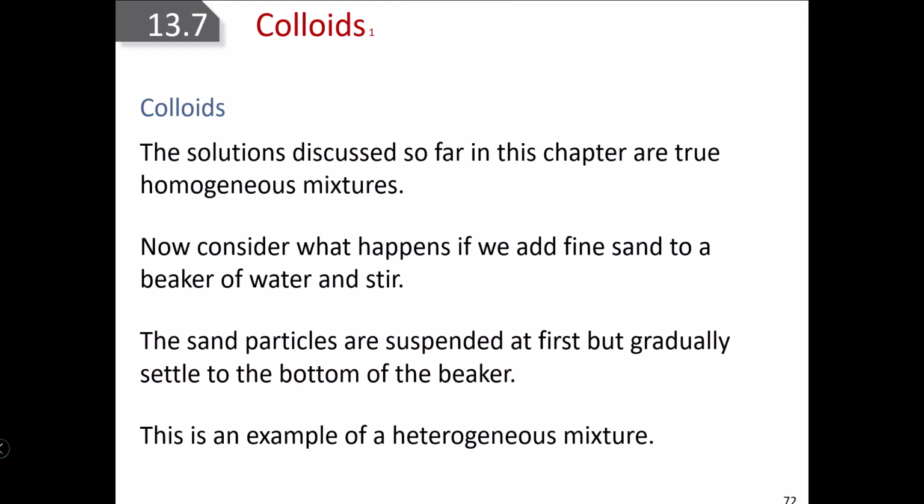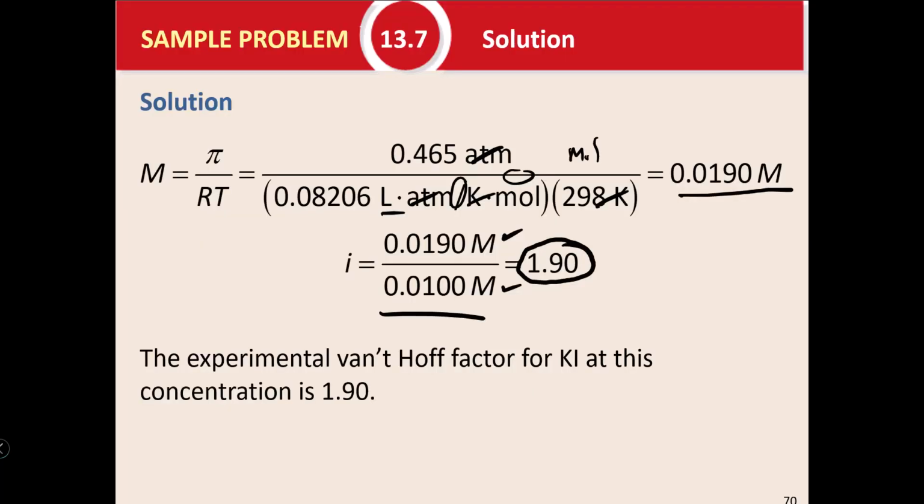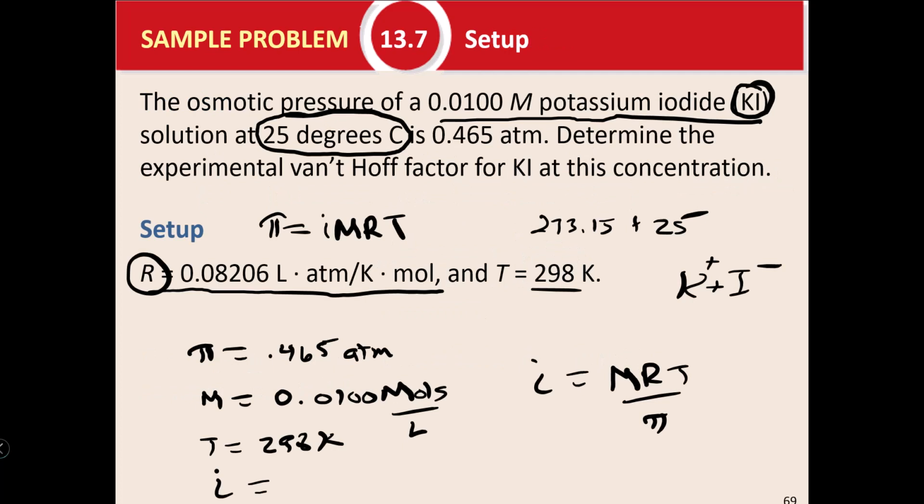Oops, not too far. Based on that osmotic pressure, they're able to calculate the molarity of the potassium iodide. And notice it's about double. It's not quite.